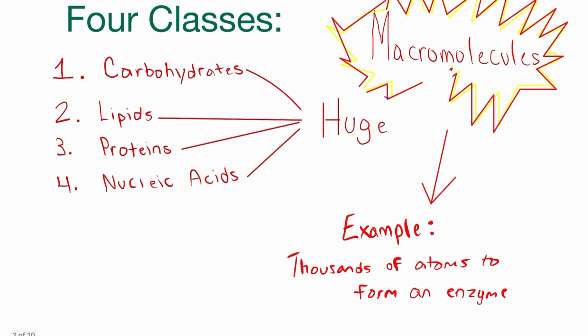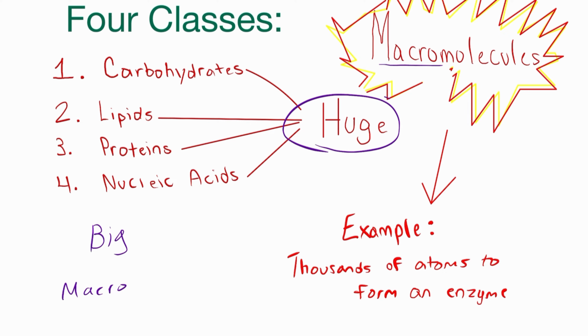So if we go into our next slide, macromolecules. What is a macromolecule? A macromolecule literally means a huge or a big molecule. If we look at the word macro in macromolecule, that literally just means big.